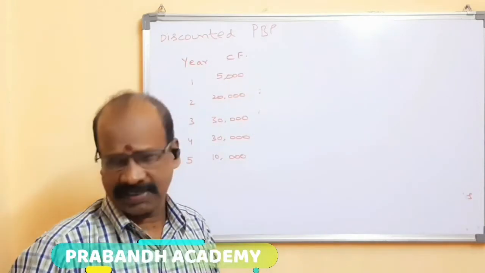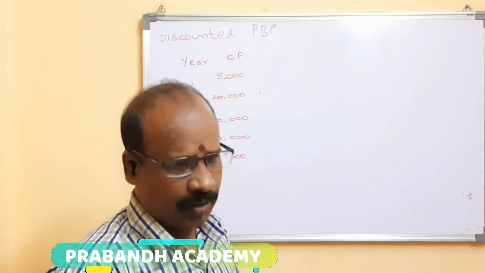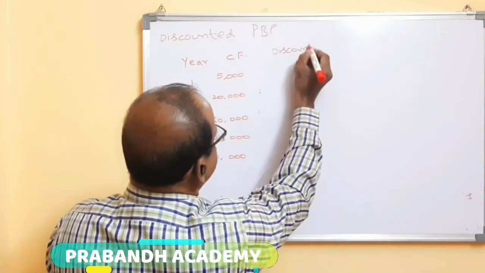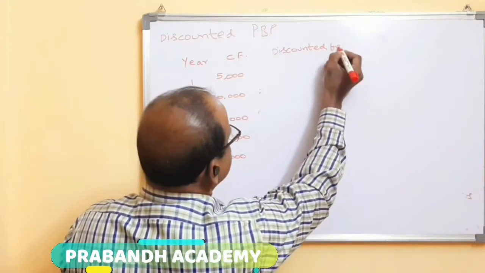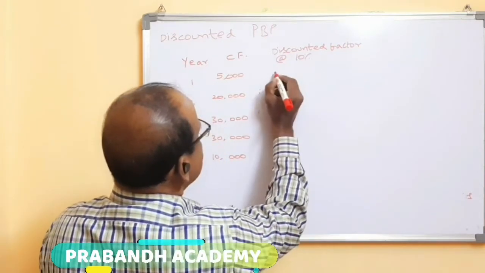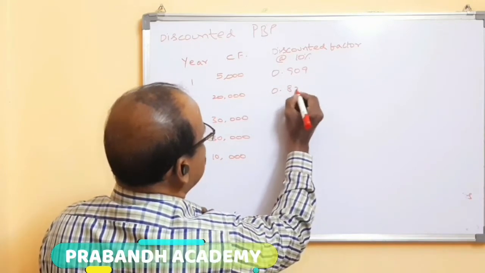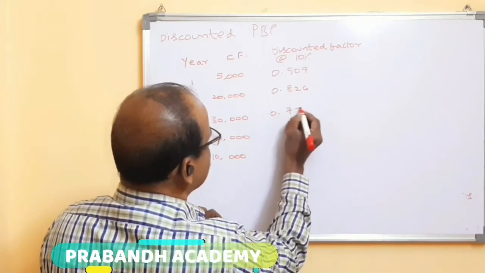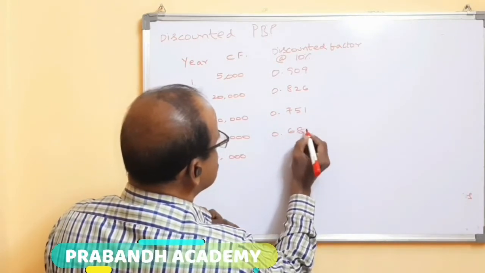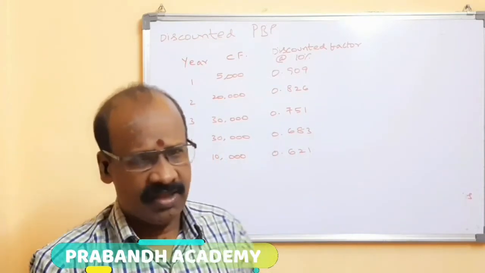So again, 1 divided by 1 plus R, 1 divided by 1.10. First year 0.909, second year 0.826, third year 0.751, fourth year 0.683, fifth year 0.621. So these are the values.